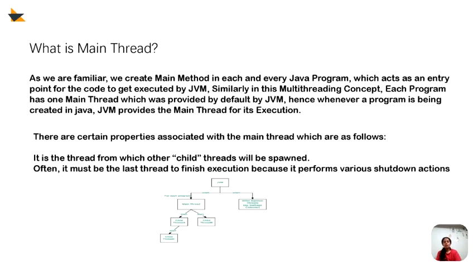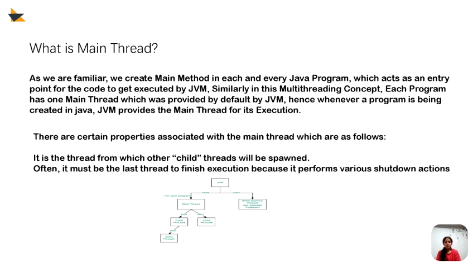Next, we'll see what a main thread is. As we are familiar, we create a main method in each and every Java program, which acts as an entry point for the code to get executed by the Java Virtual Machine. Similarly, in the multi-threading concept, each program has one main thread, which is provided by default by the Java Virtual Machine.